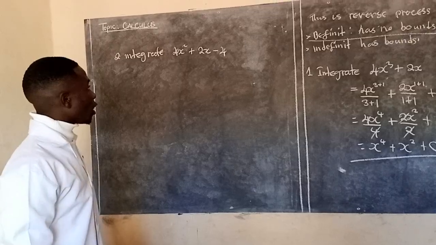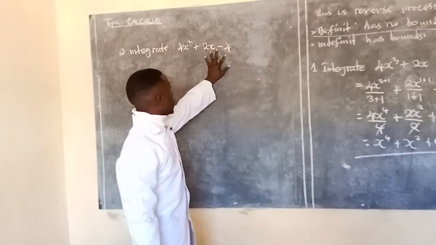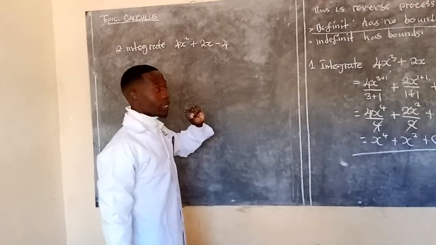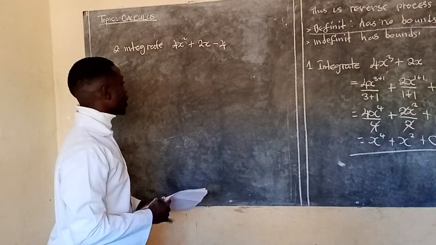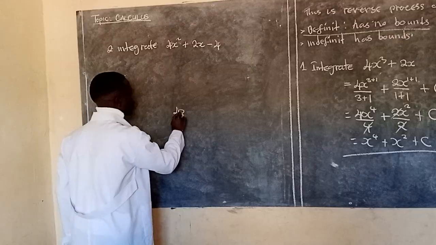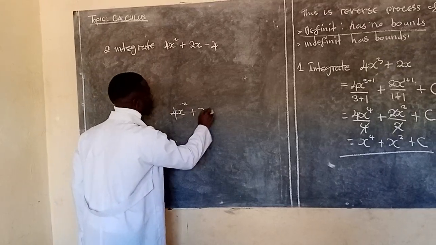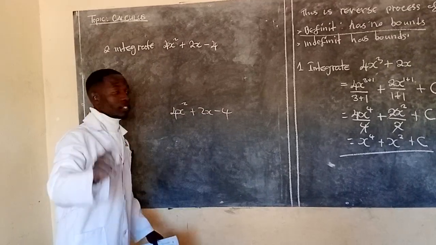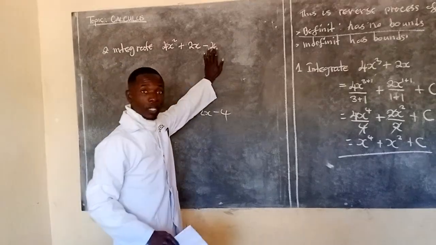We're supposed to talk about this under differential. Assuming we have 4x squared plus 2x minus 4, let's differentiate the same, because I want to explain how we can deal with this.